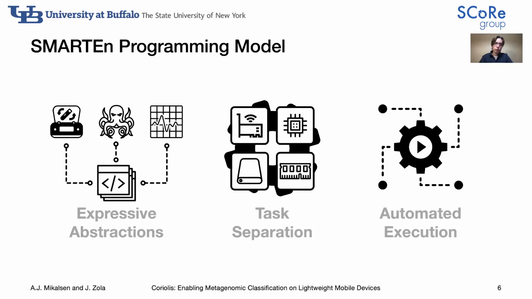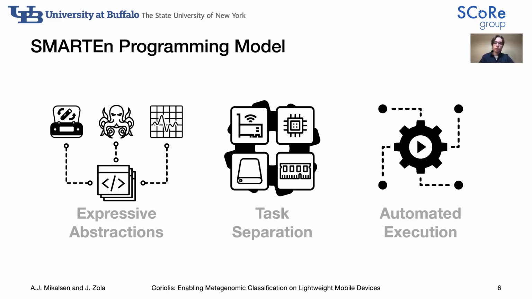Our first contribution, SMARTN, decomposes the metagenomic workflow using high-level abstractions that are expressive enough to represent virtually any metagenomic classifier. By performing this decomposition, SMARTN separates computation into individual tasks that can be individually managed and optimized, and by doing this, it can automatically parallelize and optimize the execution of the classifier.